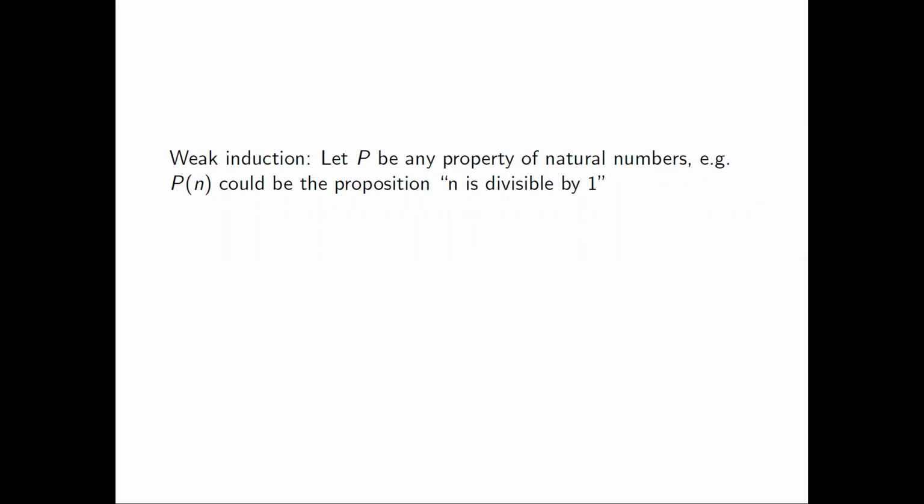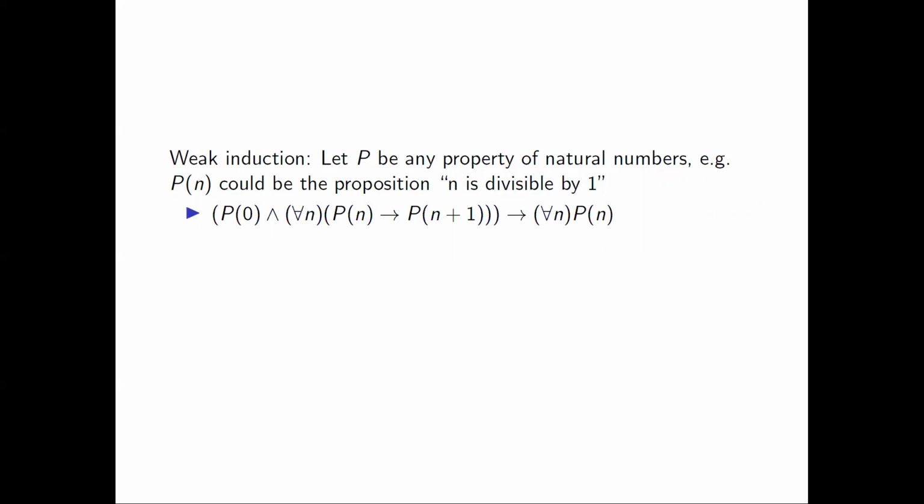Induction consists of multiple axioms of arithmetic. So for any proposition that you have that takes a natural number and is either true or false, you can define an induction axiom. And the induction axiom will look like this for whatever proposition P that you're considering.